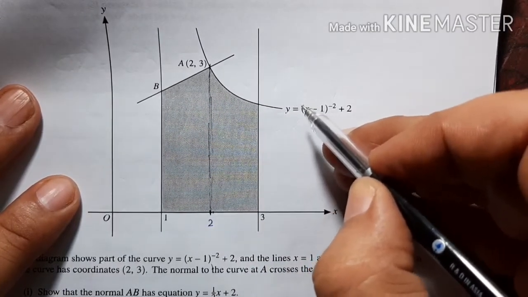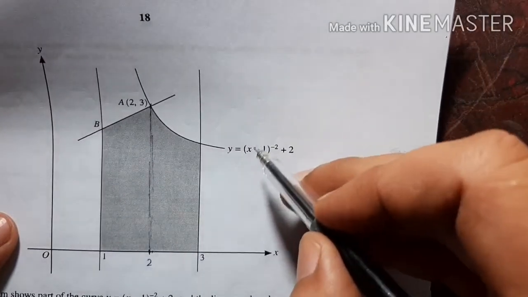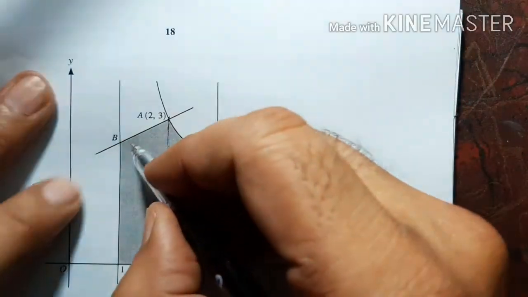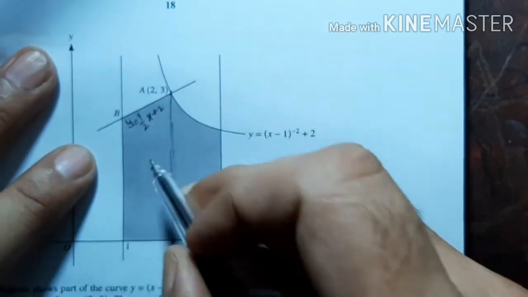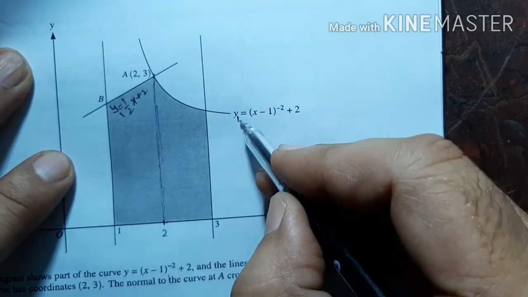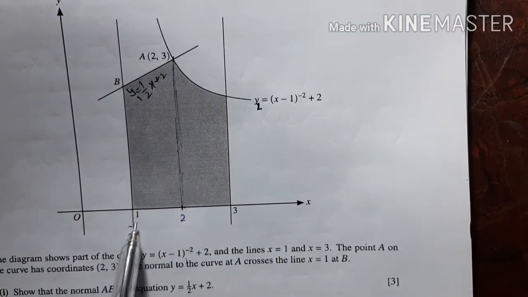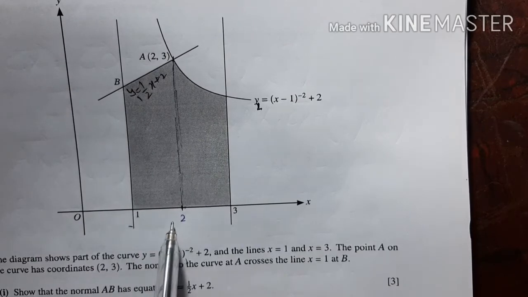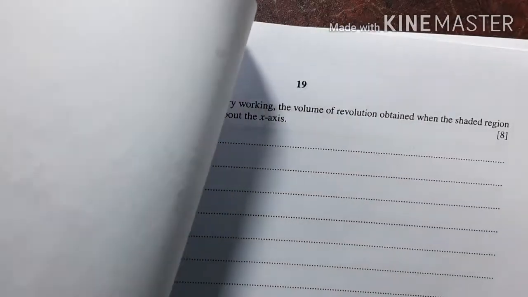I'll say this is y1 and this is y2, because the equation of the normal is y = 1/2 x + 2. This is my y1 and this is my y2. So keep in mind, y1's limits are 1 to 2 and y2's limits are 2 to 3.